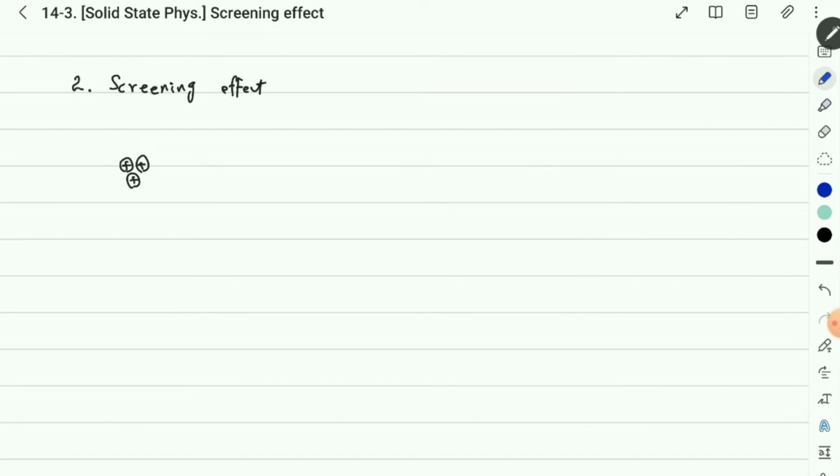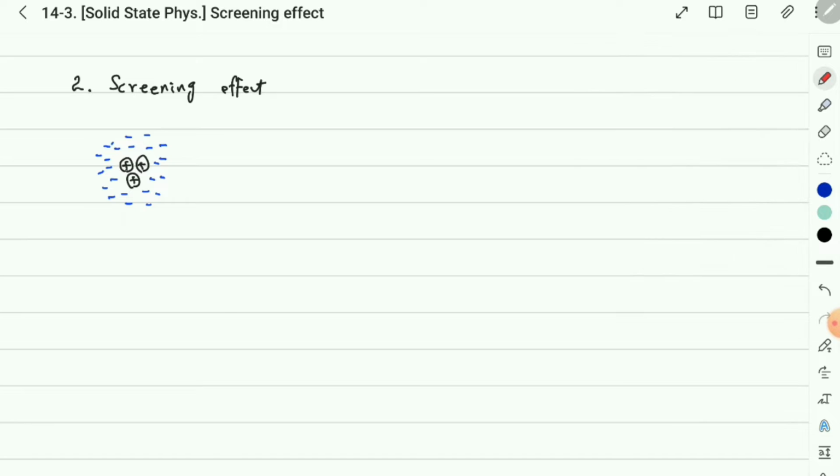negative charge attracts nearby the positive ion. Therefore, an electron cloud surrounds the positive ion. In this case, there is a potential.